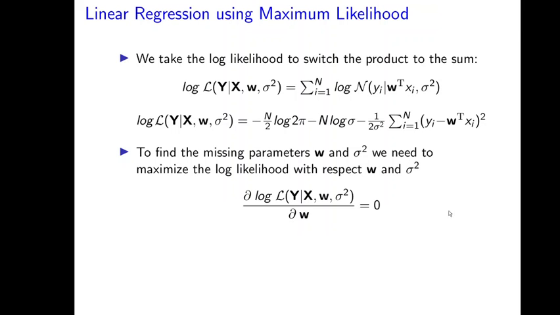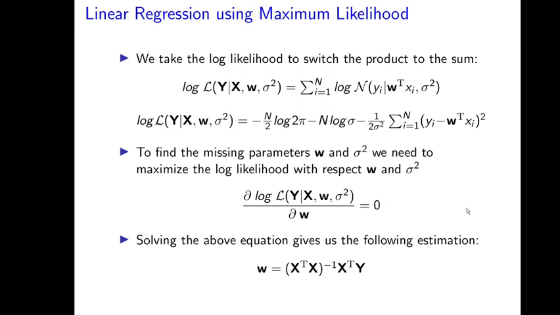So we begin by differentiating the log likelihood function with respect to W and set the first derivative to 0. And by solving this equation, we find that the W of the best fitted line is defined by X transpose times X, all to the power of -1, times X transpose times Y.